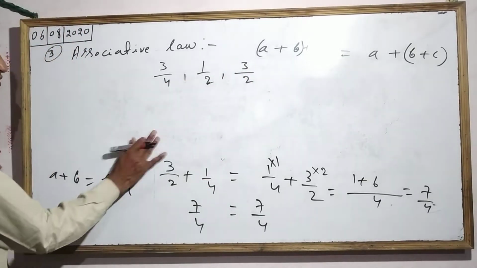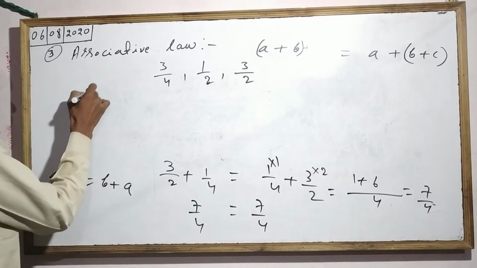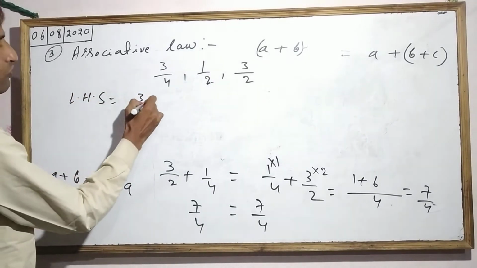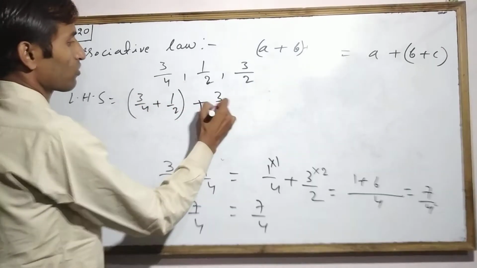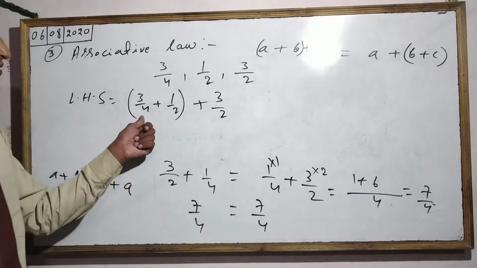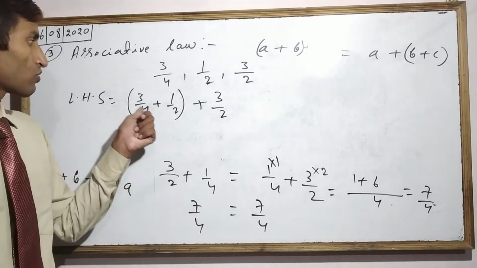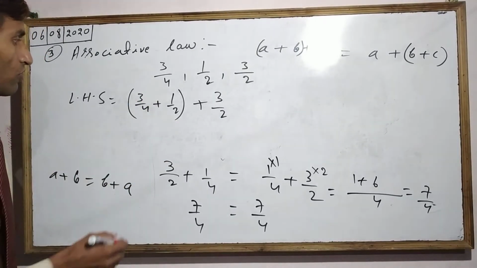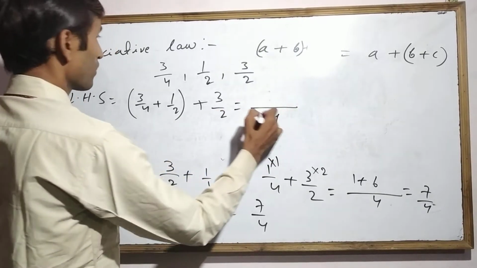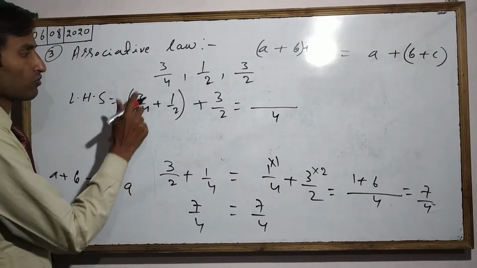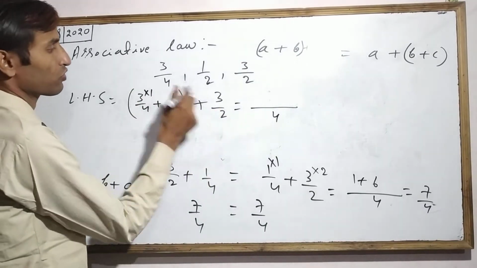Now find the LHS. LHS means 3 upon 4 plus 1 upon 2, in brackets, then plus 3 upon 2. Now we add, and for that we take the LCM, which will be 4. Here, for 1 upon 2, 2 times 2 is 4, so multiply by 2.